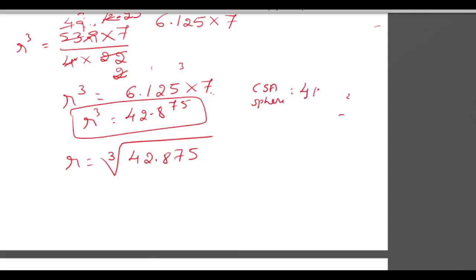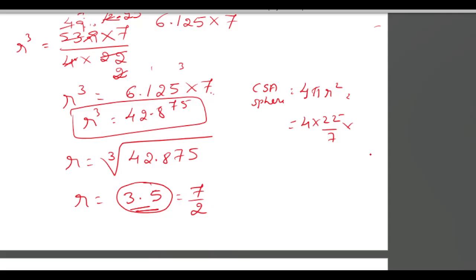4 pi r square. So 4 into pi value is 22 by 7, and the r value is 3.5. We can write this decimal in the form of a fraction, that is 7 by 2.